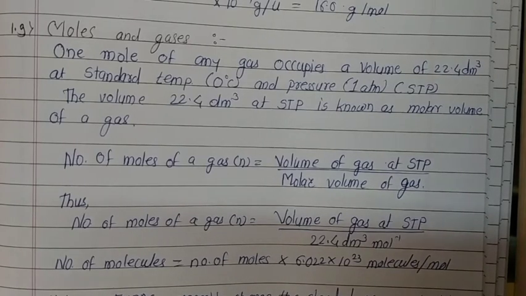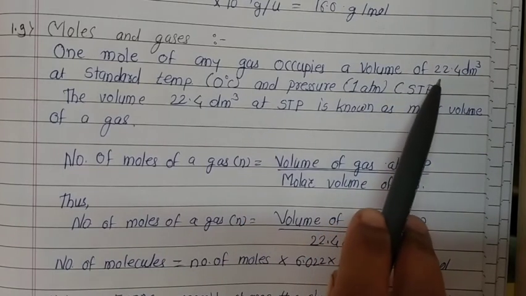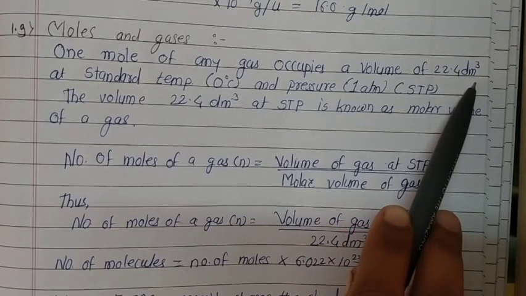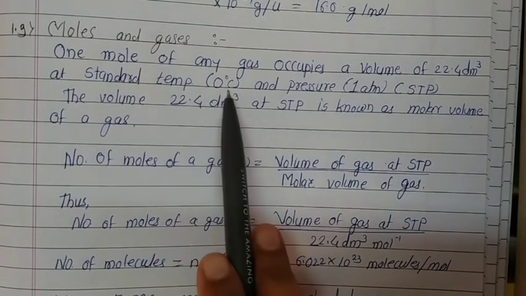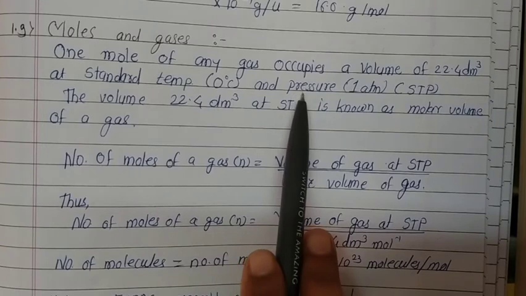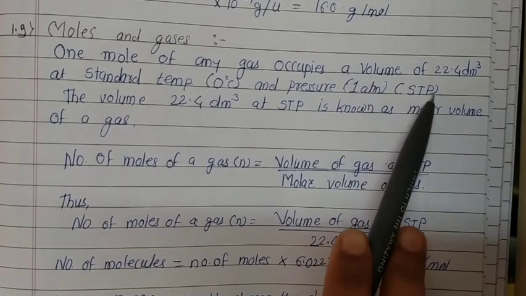It means 1 mole of any gas occupies a volume of 22.4 dm³ at standard temperature, where the temperature is 0 degree Celsius and the pressure applied is 1 atmospheric pressure, called standard temperature and pressure.